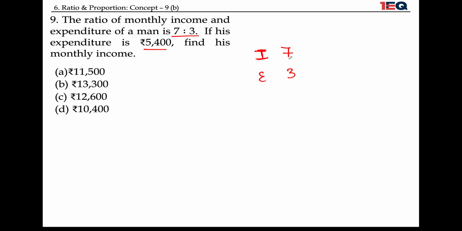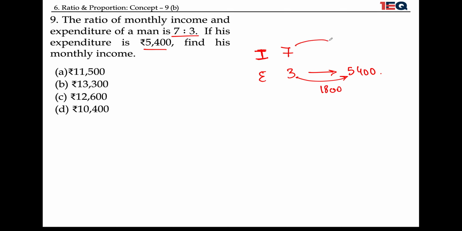So I is to E is 7 is to 3. If his expenditure is 5400, the expenditure's value has already been given as 5400, and we're already talking about monthly incomes over here. So if the value of 3 is 5400, this means there is a factor of 1800 which has been multiplied.